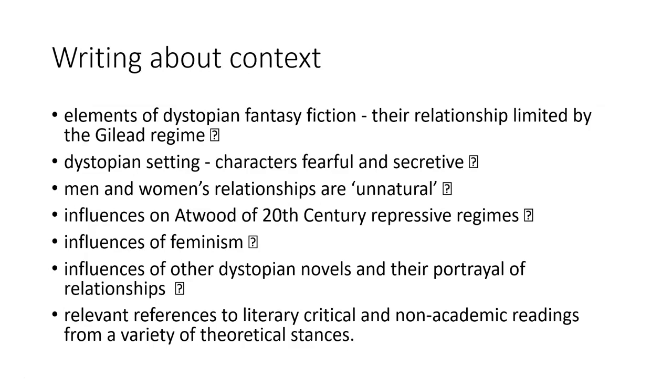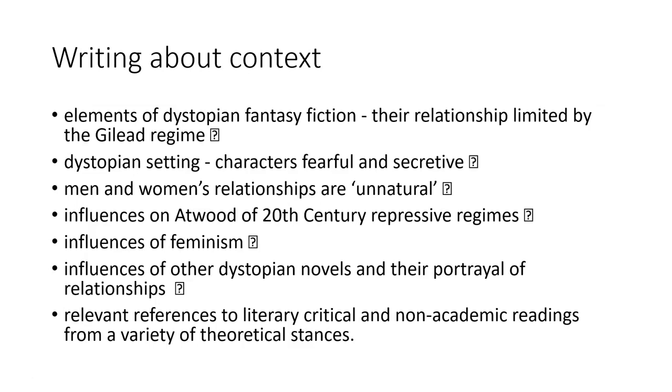You've got the influences on Atwood of 20th century repressive regimes, the influences of feminism, and the influences of other dystopian novels and their portrayal of relationships. So if you know 1984, for example, you could write about the relationship that Winston has with his girlfriend. Or you could not write about it, but mention it in passing.